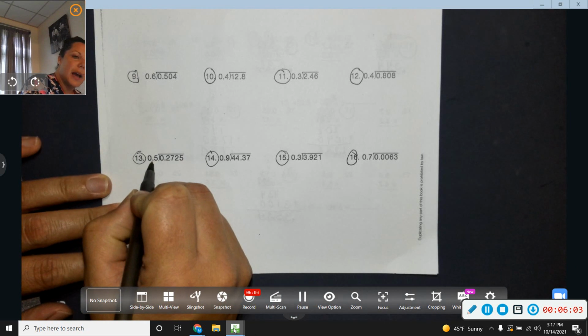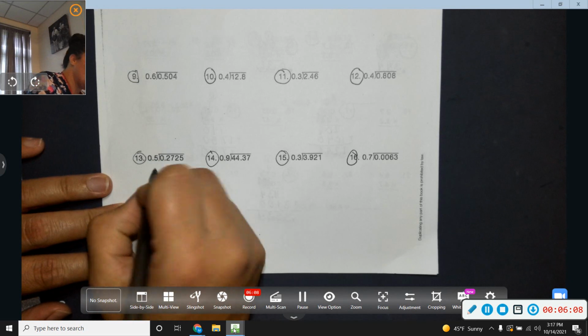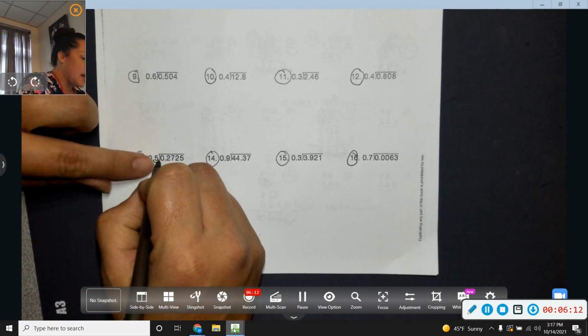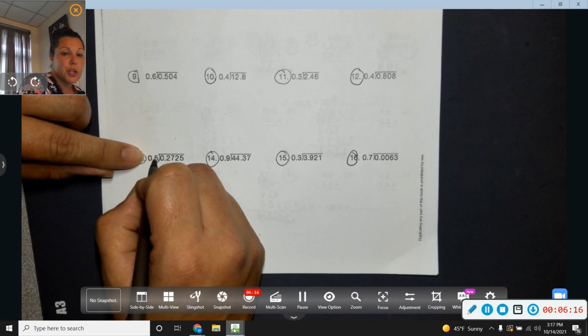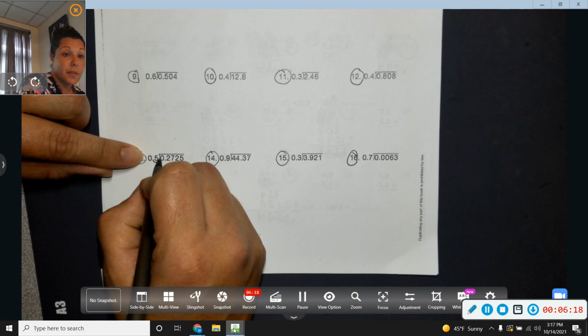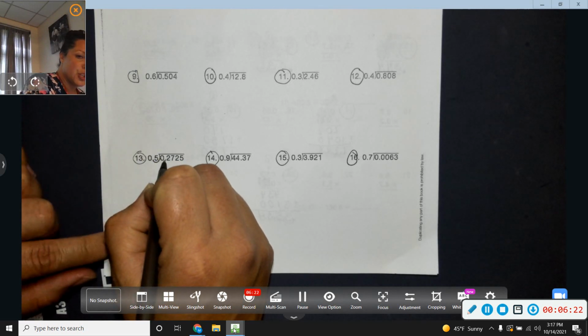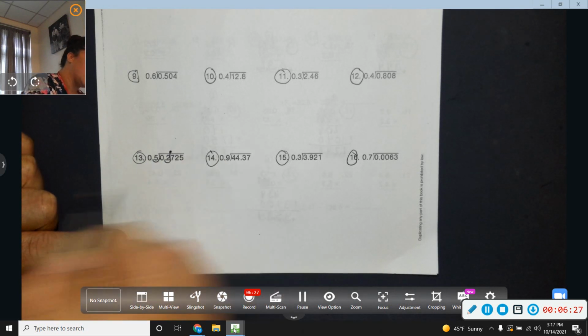I do not want to divide by a decimal, so I have to shift this decimal to be behind the 5, because then I'm just left with 5. Okay? So if I shift this decimal, I can divide by 5. I shifted it once. I have to shift this decimal once and carry it straight up.